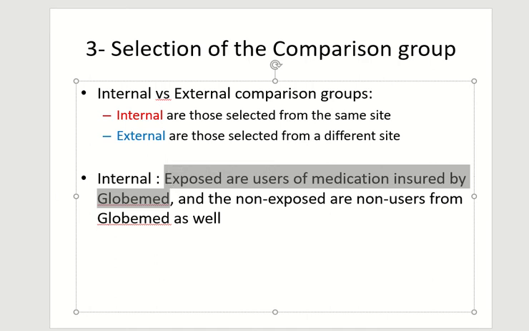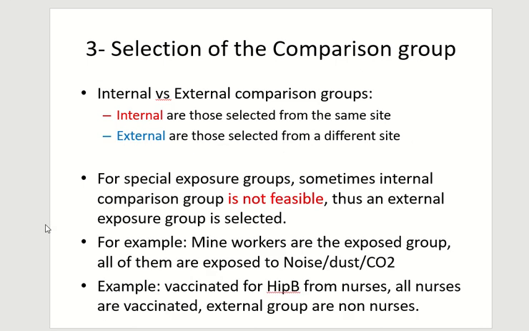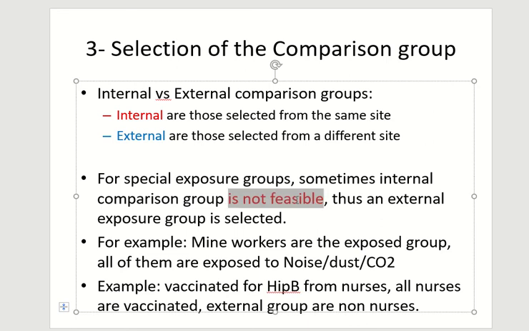So that's an internal group. For special exposure groups, sometimes internal comparison is not feasible. Thus, an external exposure group is selected. So sometimes, everybody in your special group is exposed.